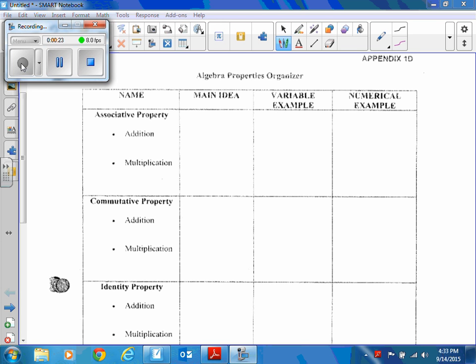What I like to think about when I think about the associative property is when people associate together, right? So that's going to be a clue. When you see the associative property, you want to think associate.